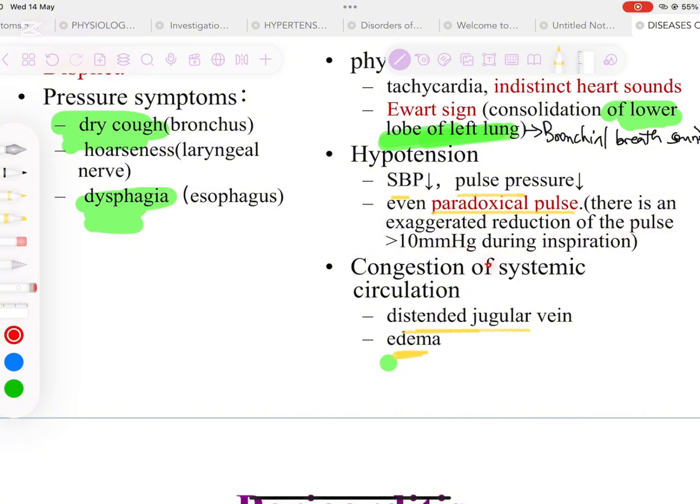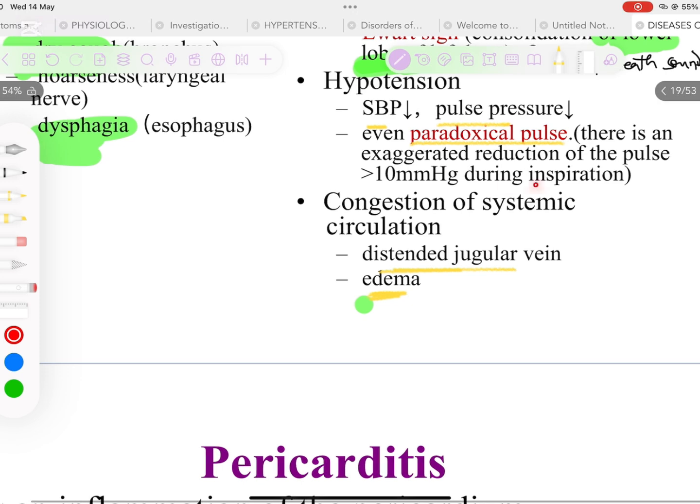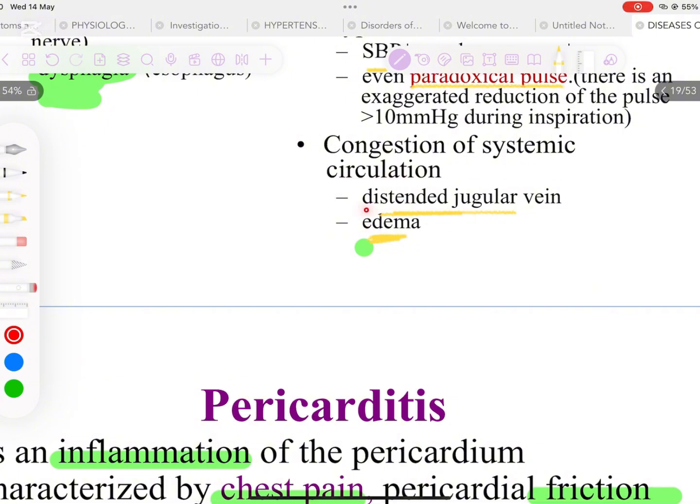Like, this pulse is too reduced, right? Especially greater than 10 millimeters, especially during inspiration. That's why I'm calling it paradoxical pulse. There's congestion of systemic circulation, because you see distended jugular veins and edema. Why? Because if the heart is not filling well, let's say this is the heart: this is the right atrium, left ventricle, left atrium, right ventricle.